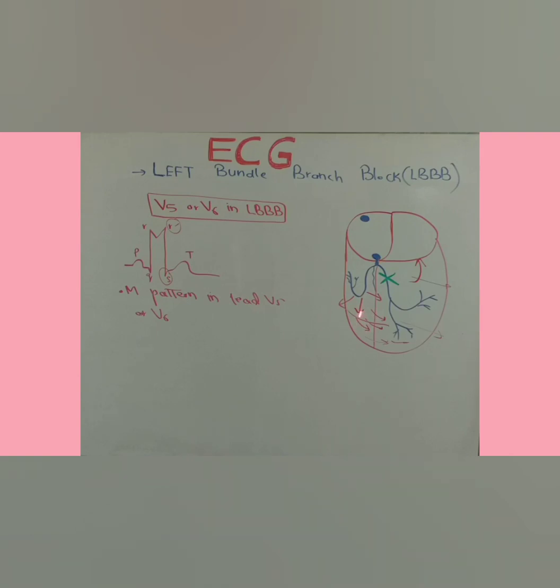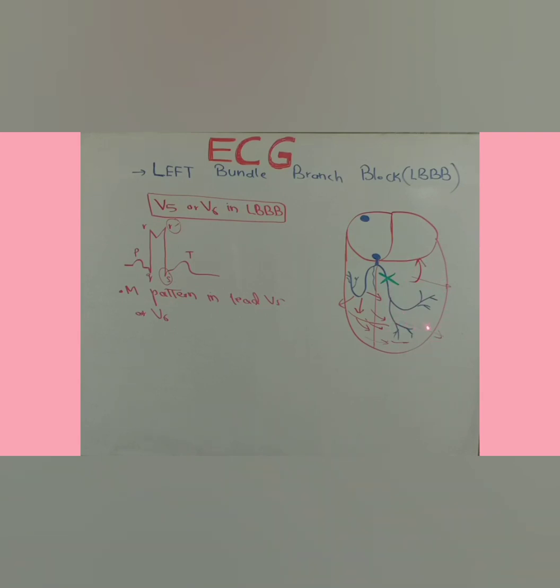By the time it is about to die down, these impulses enter into the left myocardium, which is still repolarized, because there is no depolarization there. So these impulses find a way to enter into the left myocardial muscles. They jump from one muscle to the other, and this is how they depolarize the muscles of the left ventricle.